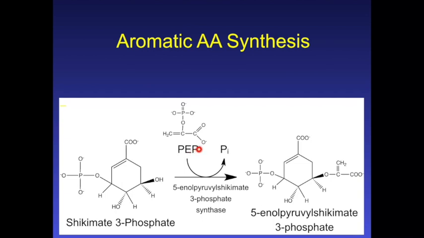Glycolysis, or you could also say gluconeogenesis. This oxygen is going to get attached to this carbon, and a phosphate is going to leave. This reaction actually goes through several intermediates. It's complex, so this is not something that I would ask you to do. I would ask you to be able to identify that this was from glycolysis or gluconeogenesis.